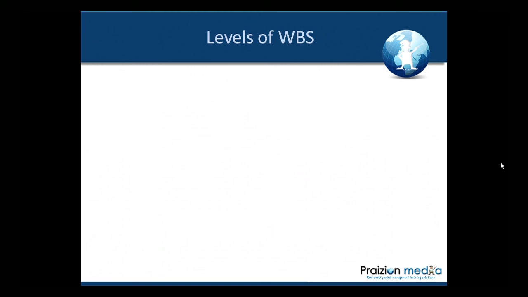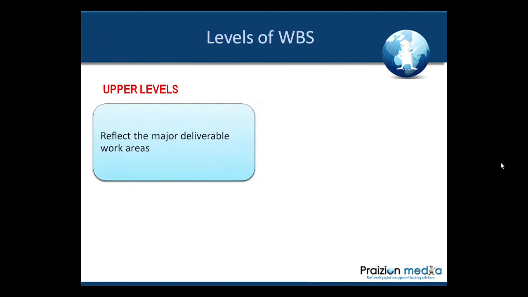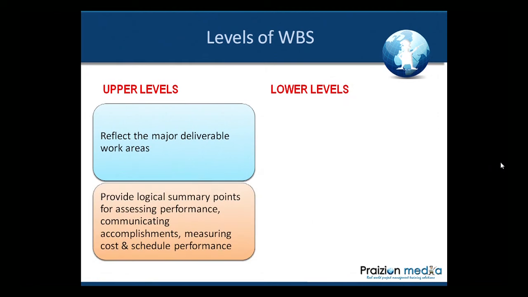Talking about levels of the WBS, we've got the upper levels, which reflect the major deliverables. We also have the lower levels, which go into more detail, so that the upper levels provide logical summary points for assessing performance and communicating.